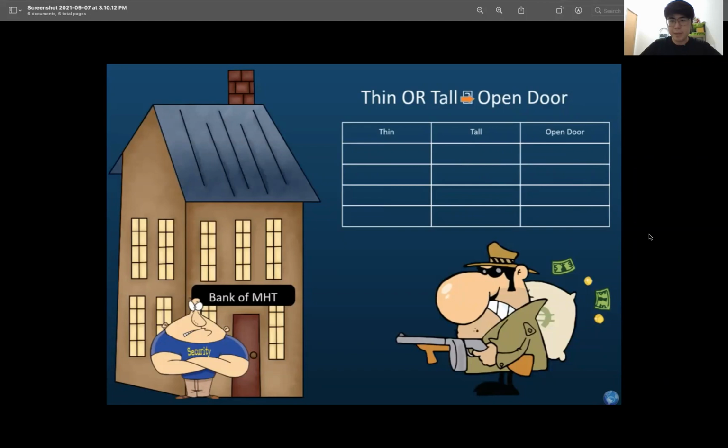My slide hung, so I force quit it. Okay, now you should be able to see my slide back.